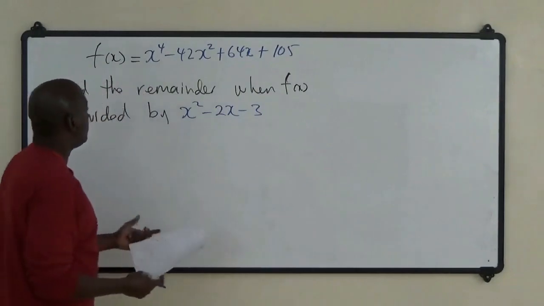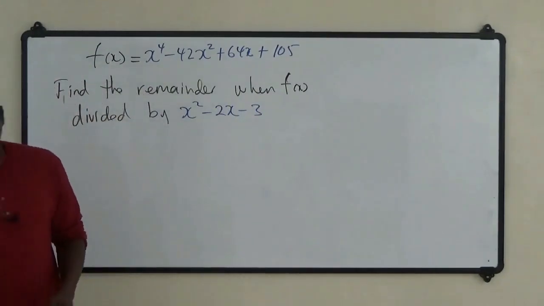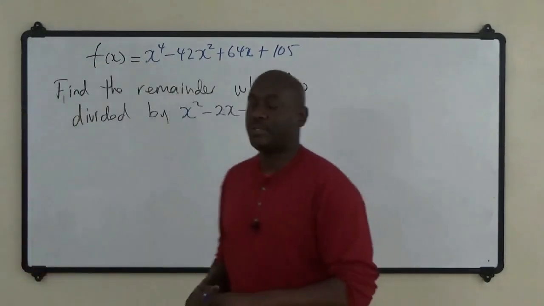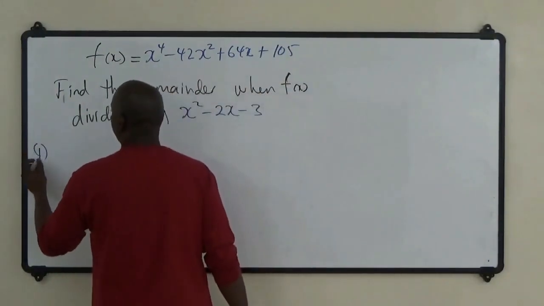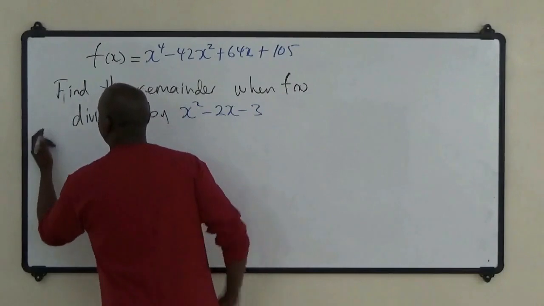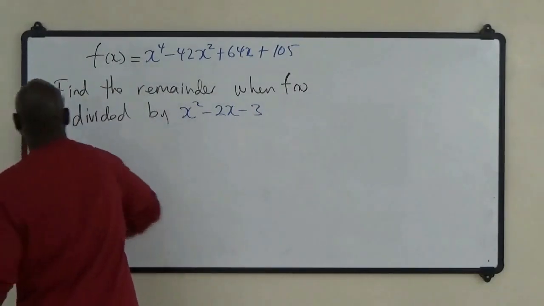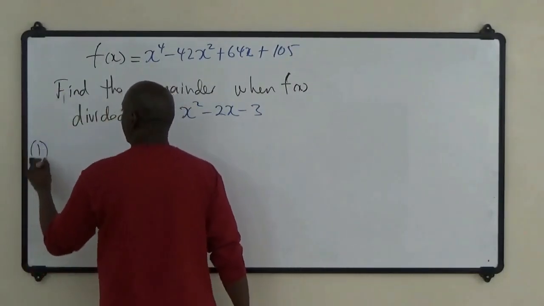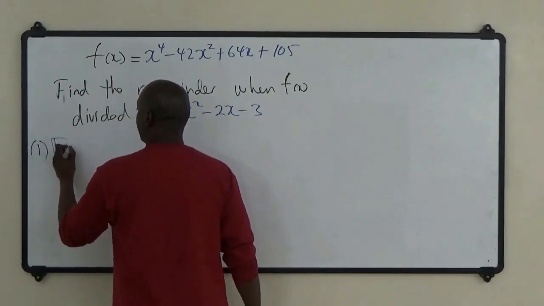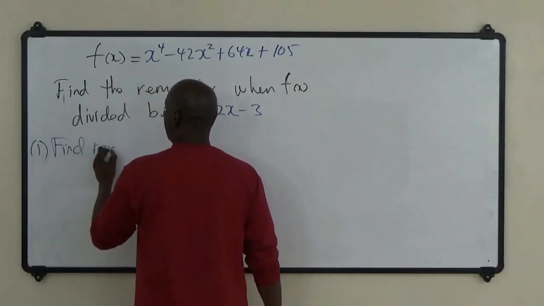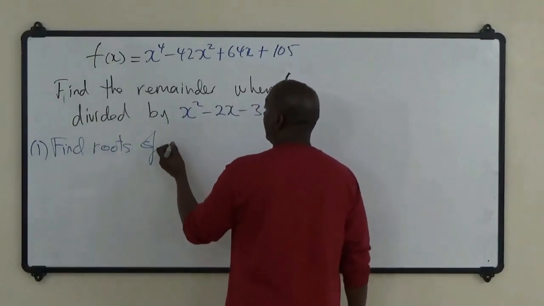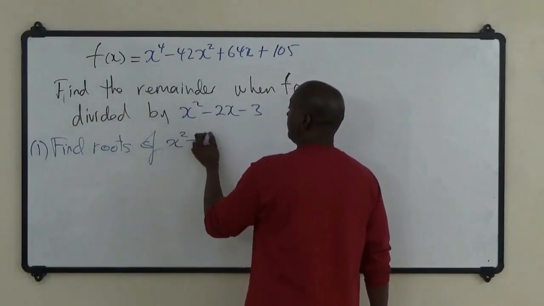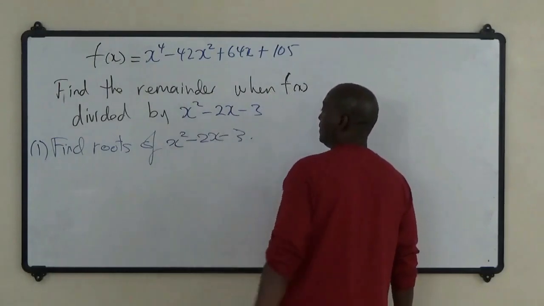Now, of course, the procedure is the same procedure that we have employed thus far. Step 1 is to find the roots of x squared minus 2x minus 3.